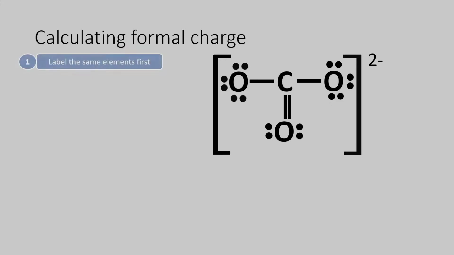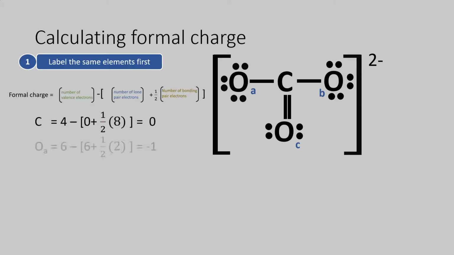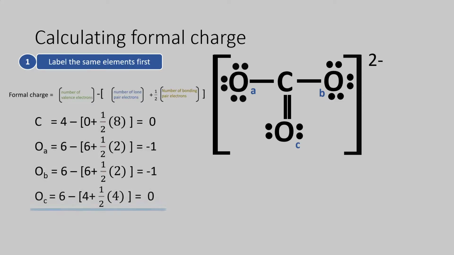Semalam kita tengok for this. So kita first label, and then kita cari charge satu-satu. The total charge, it means that the charge for each of the atoms, untuk carbon the charge is 0, and untuk A is -1, B -1, and this is 0.